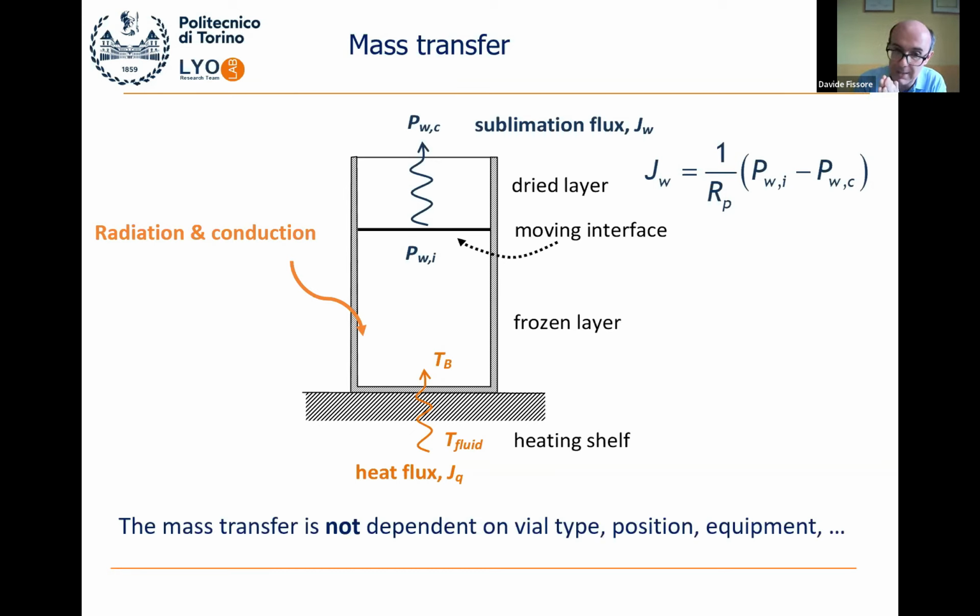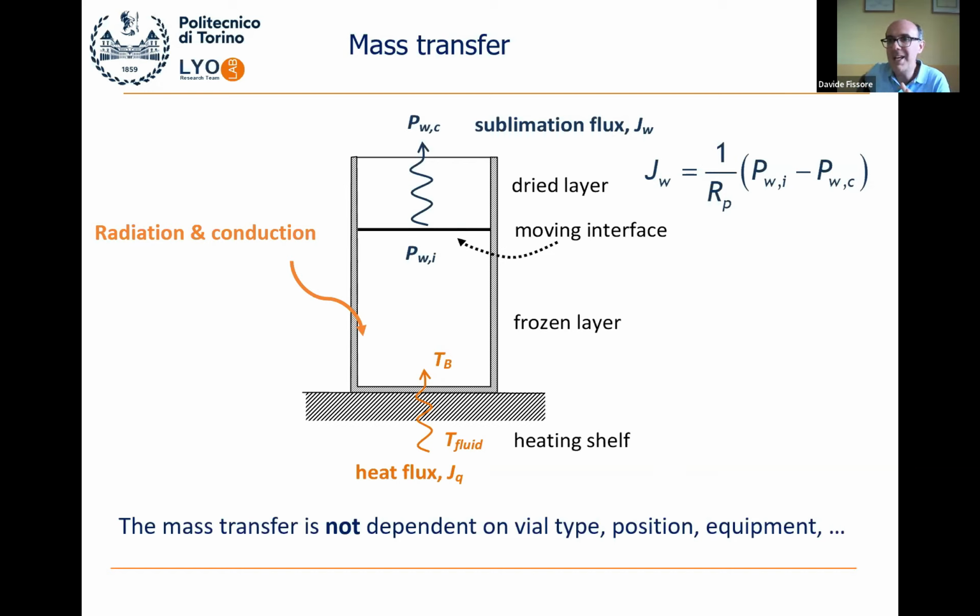Key point is that mass transfer is not dependent on vial type or vial position on the equipment, provided that the same freezing path is used. So if I am using controlled inoculation at a certain temperature in the equipment, I have to use the same controlled inoculation technique at the same temperature in the other one, for sure, okay?